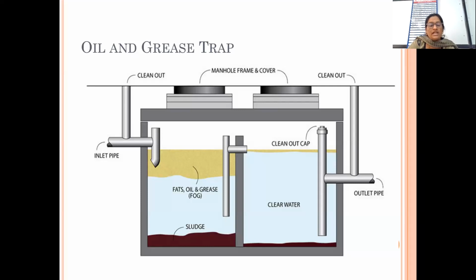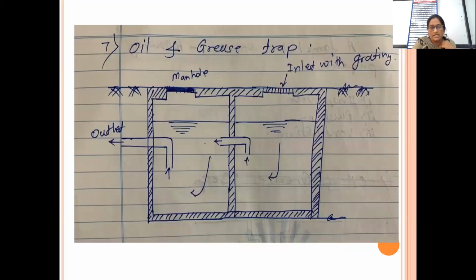This kind of design will prevent the entry of oil and grease into the sewer line. Because what is the problem with respect to the inner diameter? It will stick on the inner diameter, and because of the sticky layer, other particles will start sticking on that, and finally the inner diameter starts decreasing. So we will not get the output in that case.